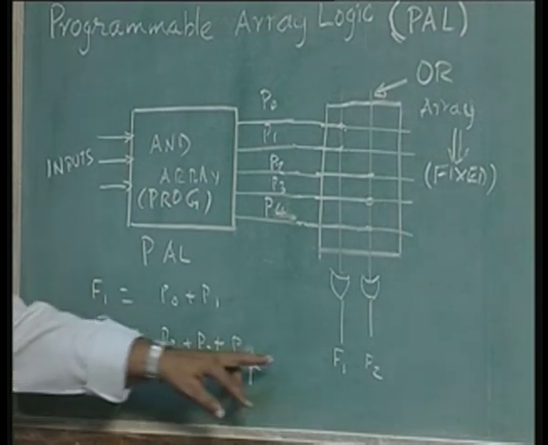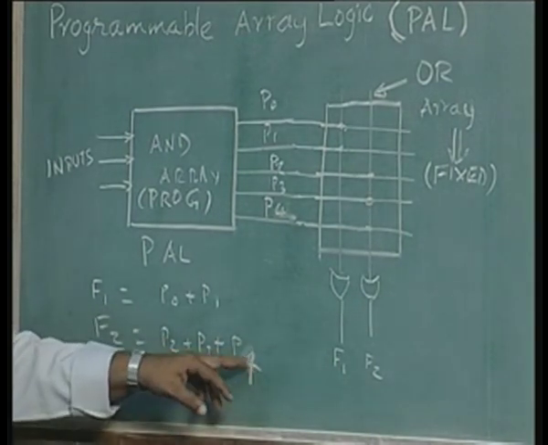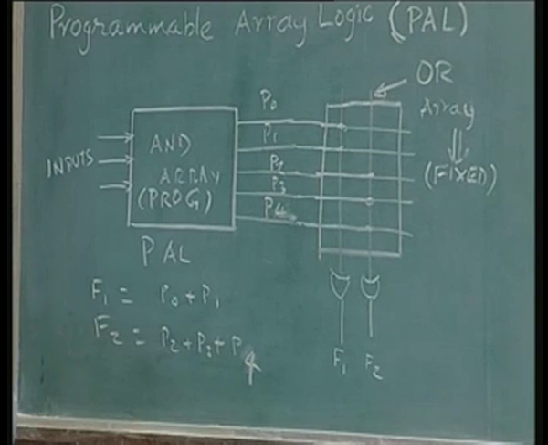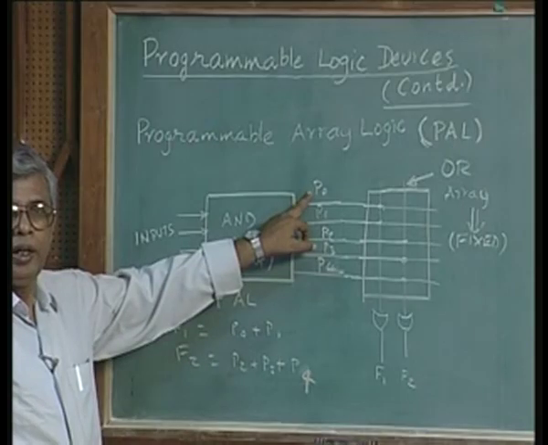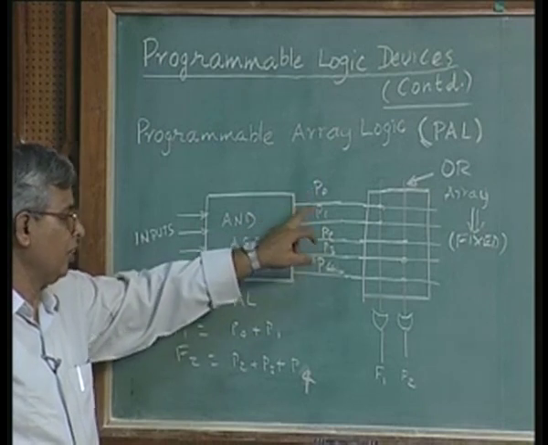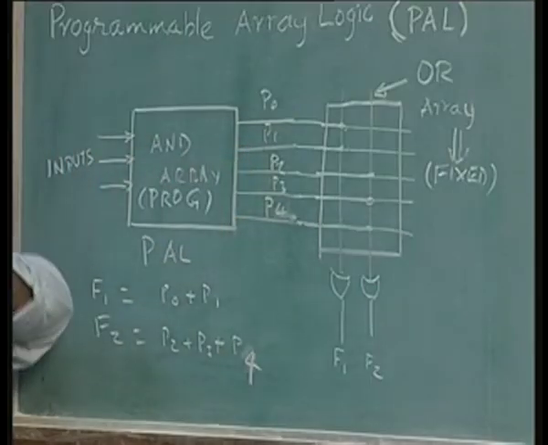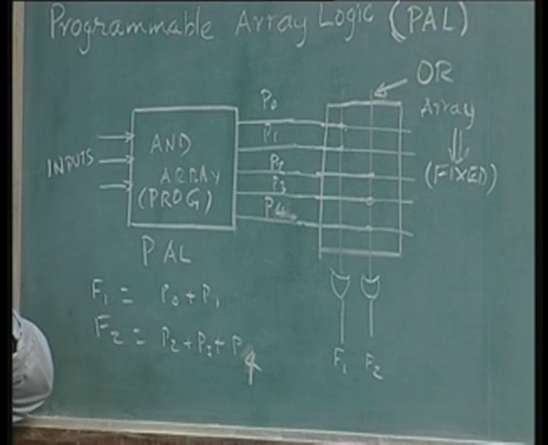Now, that means there is a slight difference in the philosophy of design. Earlier we said try to minimize the number of product terms, try to minimize the logic functions, have as few product terms as possible, but more importance was given to the commonality.